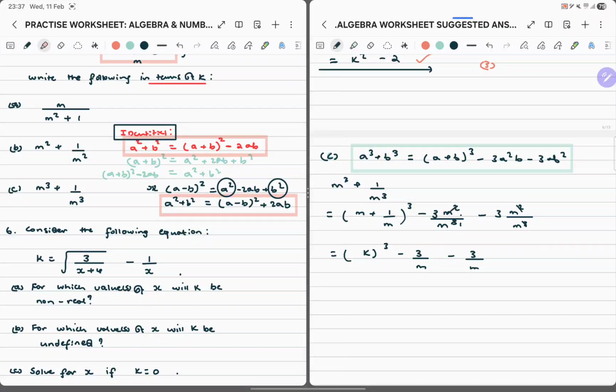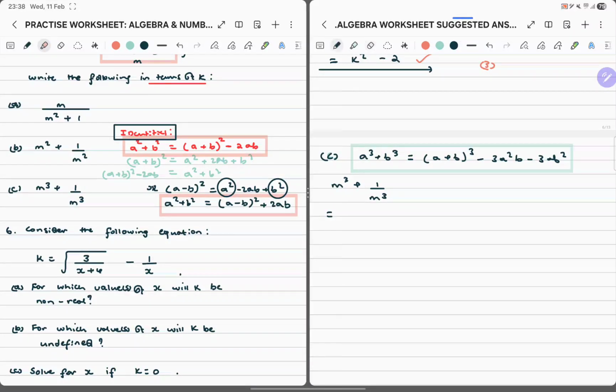I think I should not have m. The m's have to go. What did I do? Okay, that is wrong. Let's try another technique. I think I remember the identity, guys.